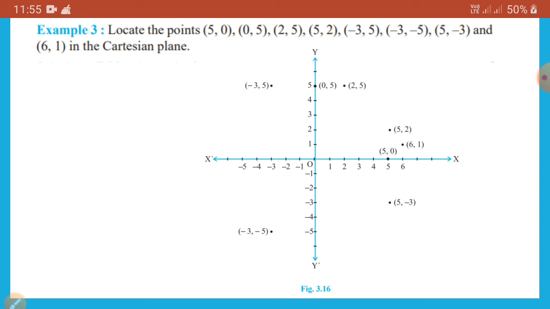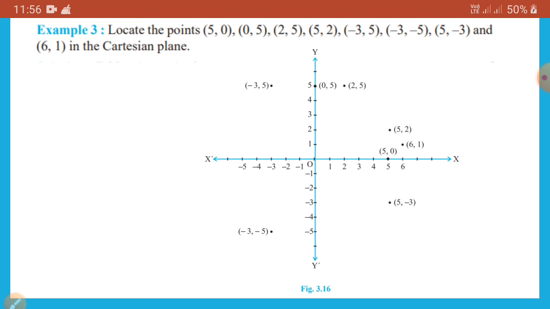So the positions of the points are shown by dots here in this figure. In the example above, you see that 5, 0 and 0, 5 are not at the same position. Similarly, 5, 2 and 2, 5 are at different positions here.